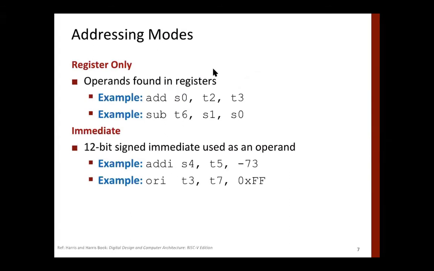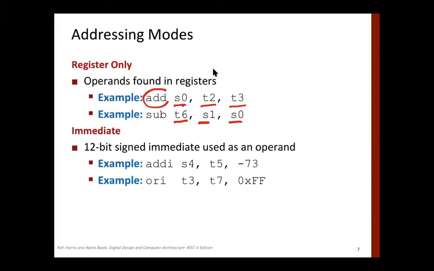So let's look very quickly at the register-only addressing mode, where all operands are registers. We say add S0, T2, T3, where S0, T2, T3 are registers, or we can say sub T6, S1, S0. All these are registers, all operands of the instruction.